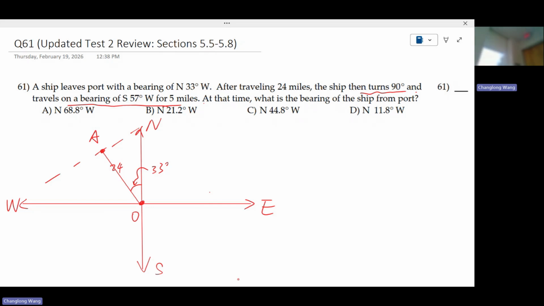That means the ship will be either facing this way after turning 90°, or the other way around. But whichever way depends on whether this direction, south 57° west, will make sense. South means that the ship will be facing south, but turn 57° to the west. So would you say that the ship must be going this way? That's the only plausible direction.